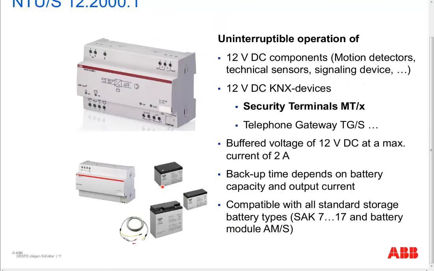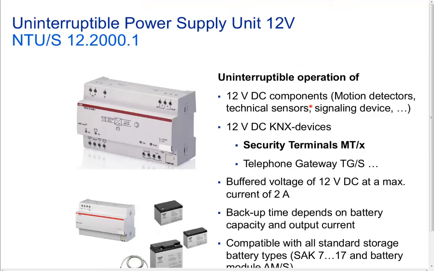Furthermore, we need for some components additional 12-volt power supply. Think about the security terminal itself, or the telephone gateway, or some security sensors. Not all, but some have an additional 12-volt input necessary. So we need additionally 12-volt DC power.